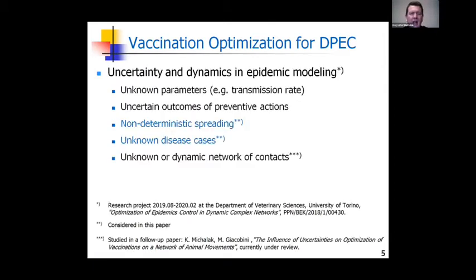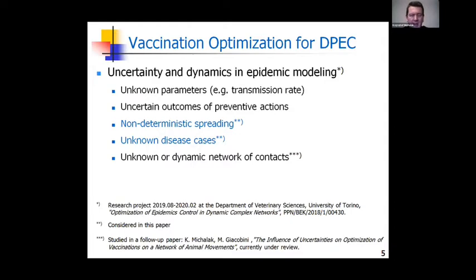Of course, as I mentioned, there are many sources of uncertainty, and also there are dynamic aspects in epidemic modeling. We have, for example, a situation when we do not know all the parameters. For example, even the transmission rate can be established without certainty. Also, you sometimes do not know the outcomes of preventive actions.